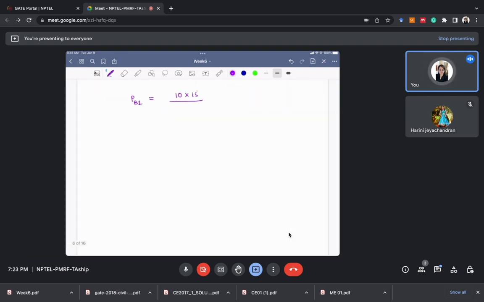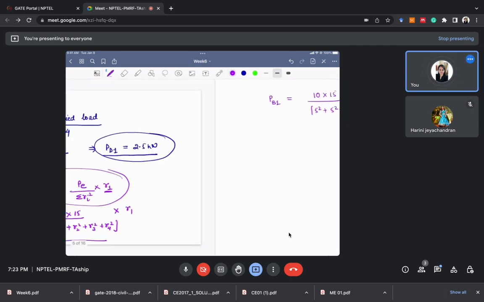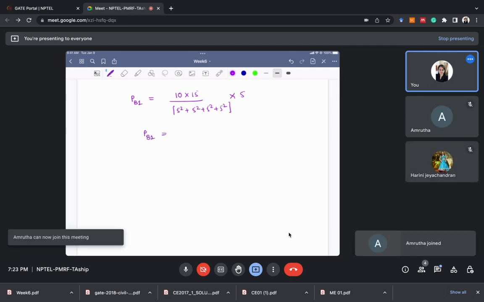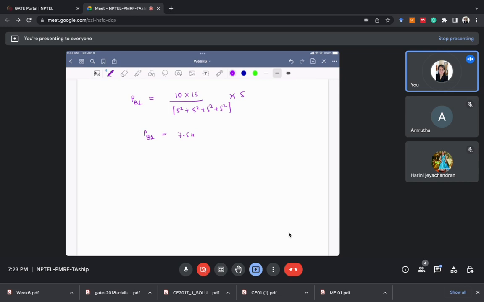So we write 5 square plus 5 square plus 5 square plus 5 square, or I can write 4 into 5 square, multiplied by the value of R1, which is 5. I hope it is fine. So for PB1 we got the answer as 7.5 kilonewton.